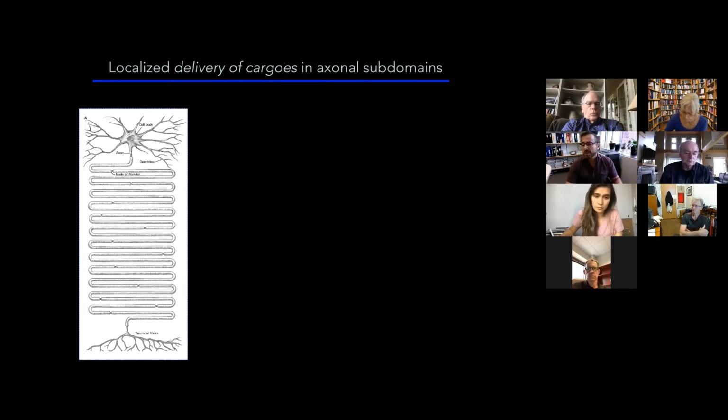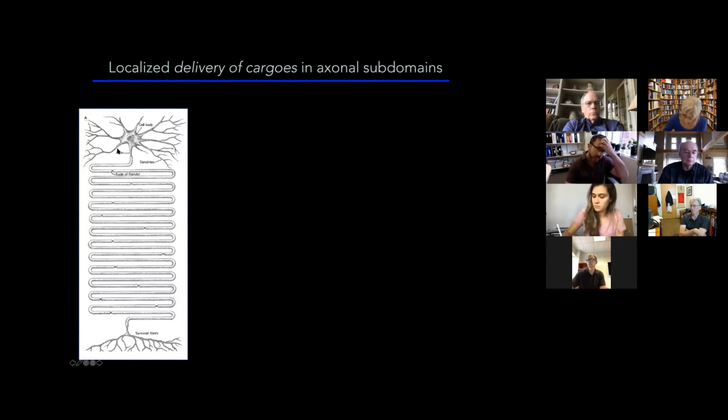Nevertheless, it is absolutely unequivocal that the overwhelming majority of materials needed to generate this axon and maintain it throughout our entire life depends dramatically on protein synthesis in the cell body, which, as you may recall, is very, very far away from the terminal.